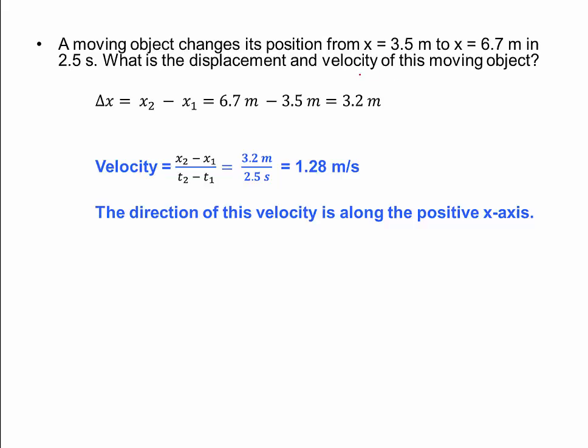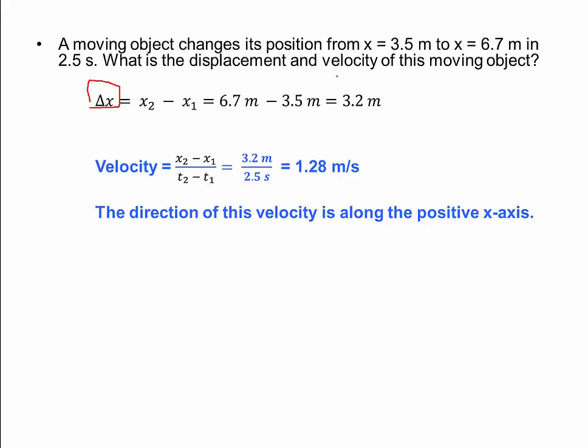Well, what is the displacement? Displacement is final position minus the initial position. So that will be x2 minus x1, 6.7 meter minus 3.5 meter is 3.2 meter. That is the displacement, change in the x value, delta x.